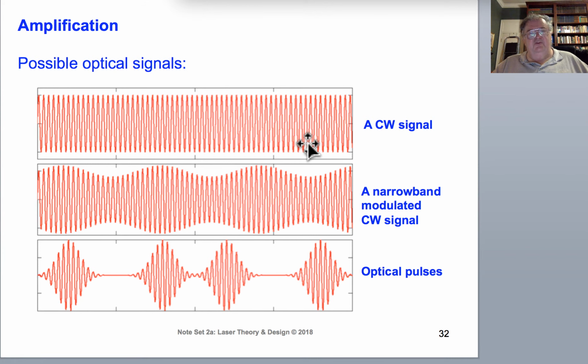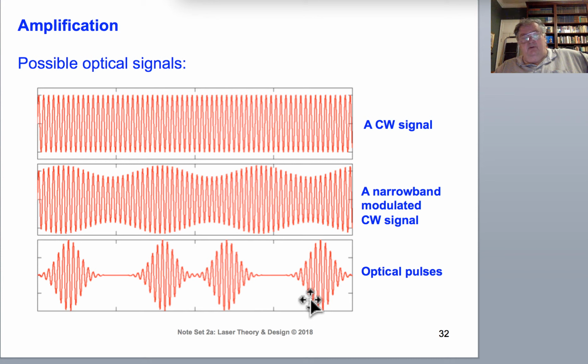Close to that, and we'll actually look at this in greater detail when we look at the semiconductor diode lasers, is a narrow band modulated signal where you take a slowly varying sine wave and you modulate the light with that. There's some analysis involved, and we'll do that analysis a bit later. But this is essentially the same as this. What I want to look at now is this case.